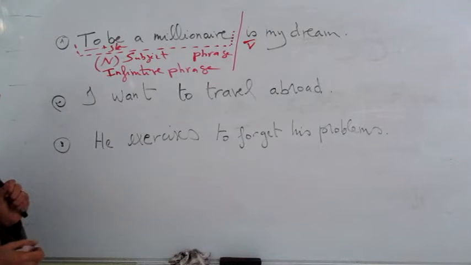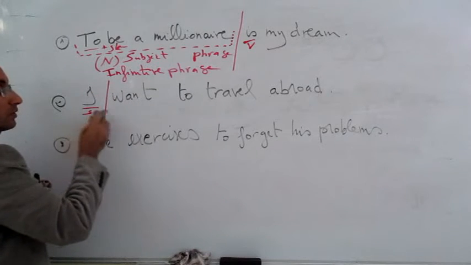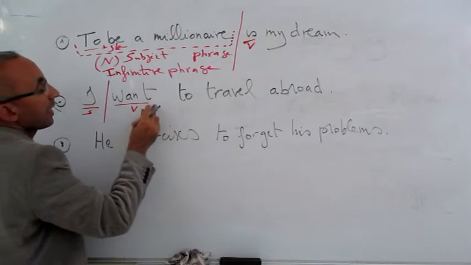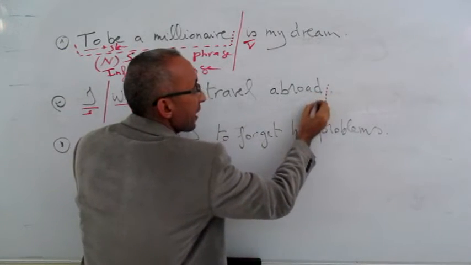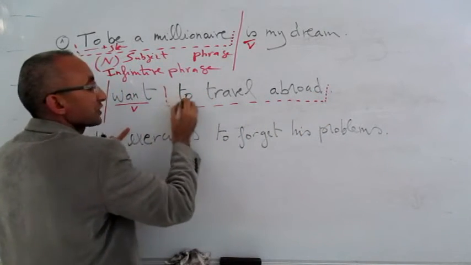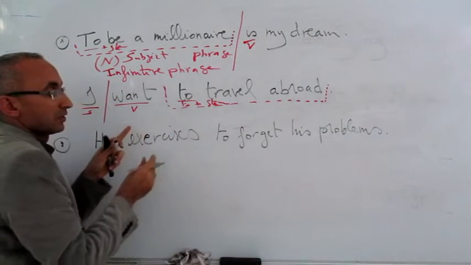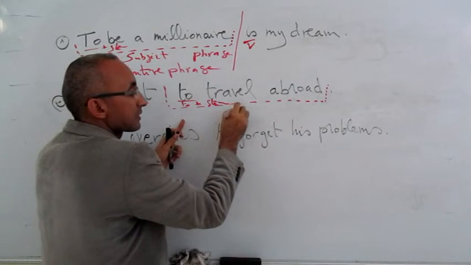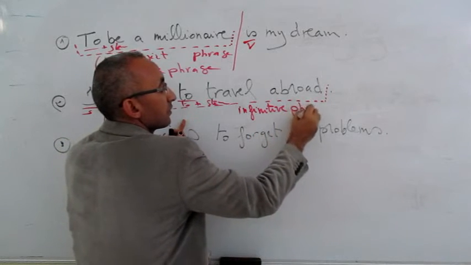Clear? Good. I want to travel abroad. "I" is my subject. Simple. This one is my predicate. "Want" is my verb. I want what? "To travel abroad" is another group of words which starts with "to" of the infinitive plus stem. So an infinitive at the beginning of a phrase gives me what? An infinitive phrase.